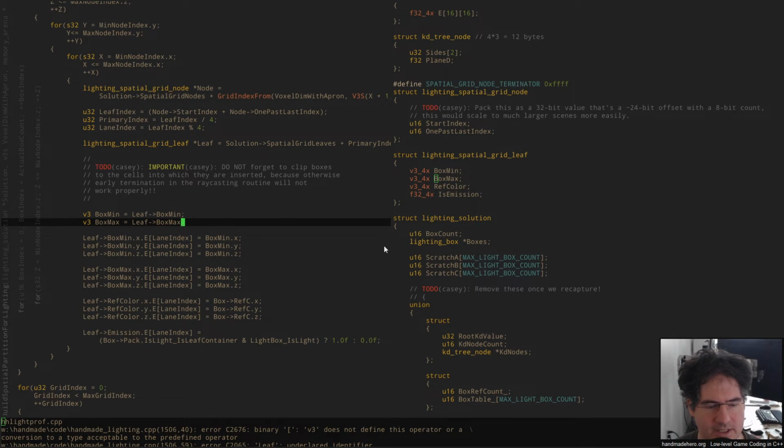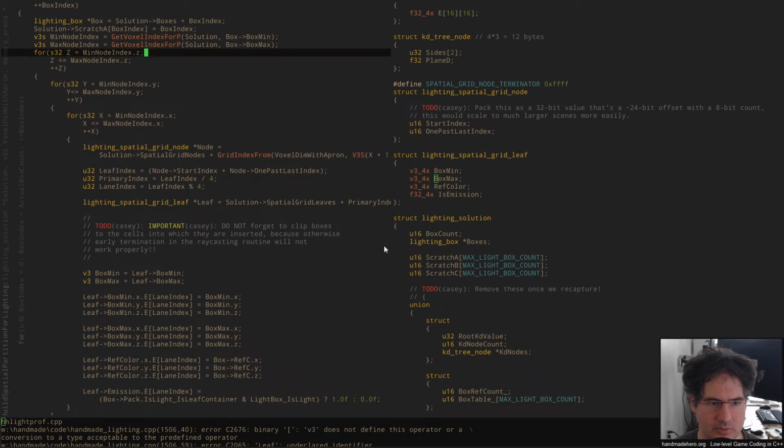So if we have the box min and the box max enter into this routine, what we need here is some idea of where the bounds are of this grid cell. So effectively in here where we've got this, right? We need some way of producing the clipping volume that clips this box to that volume.